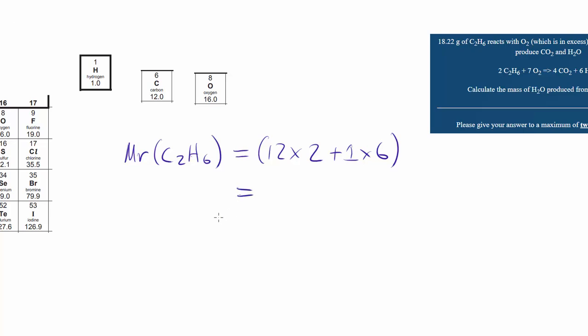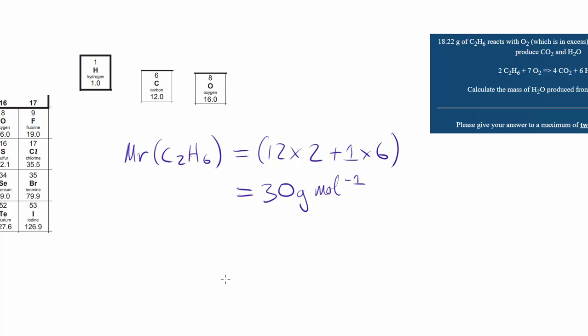If you work that out, which I invite you to do, you should find that you get 30, so 30 grams per mole.